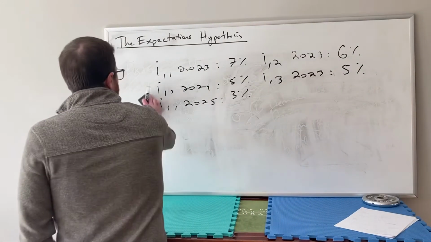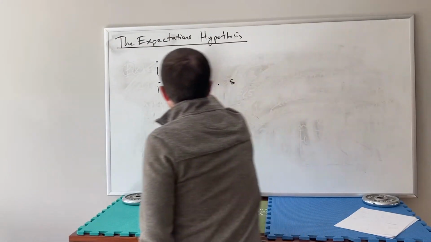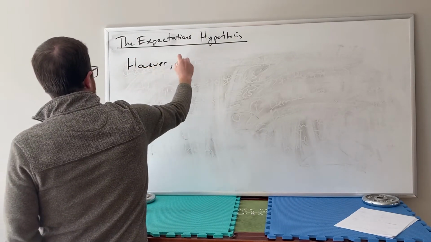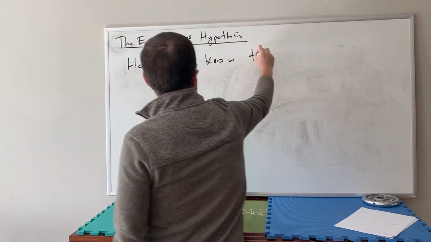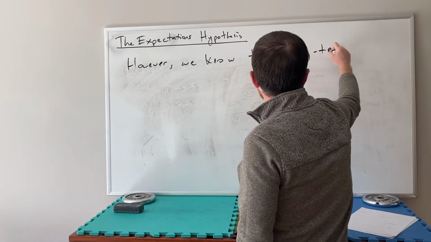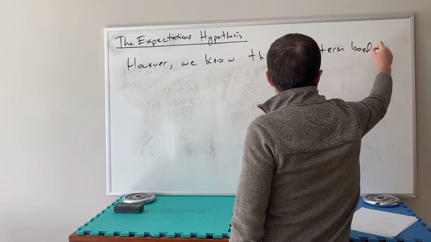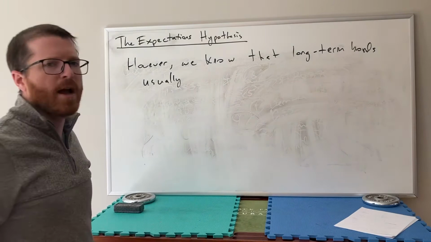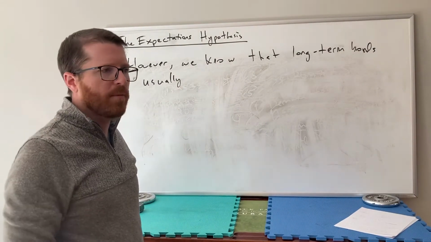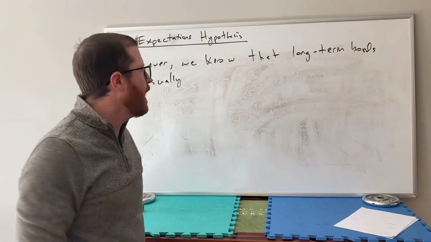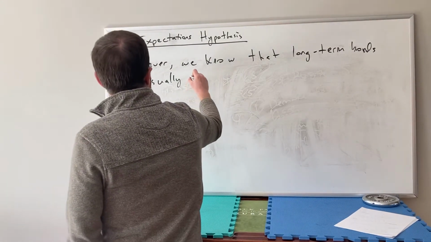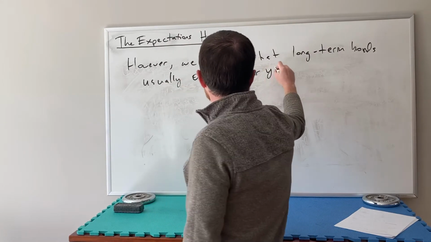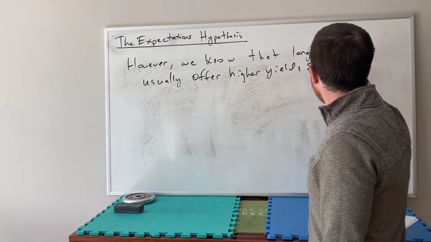However, here is the problem. We know that long-term bonds usually, and by usually I mean more than 90% of the time, I don't know the exact figure here, probably something like 95 to 98% of the time, long-term bonds offer higher yields, higher interest rates than short-term bonds.